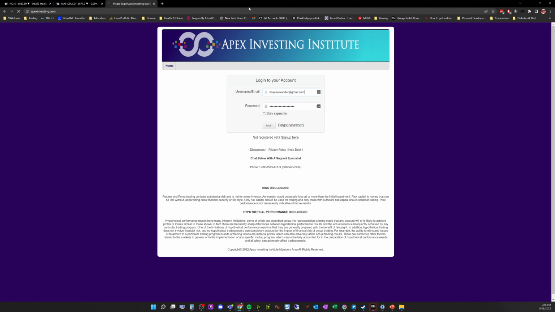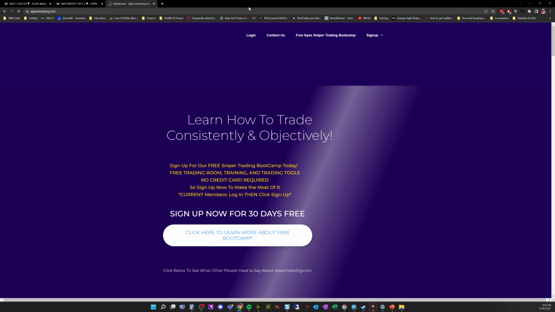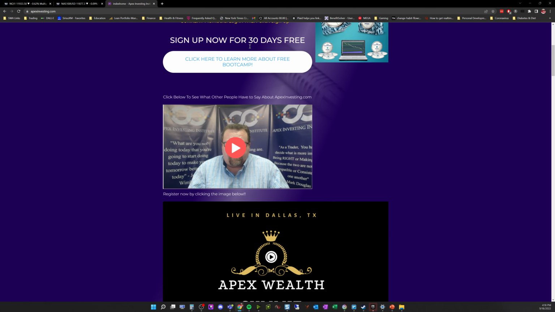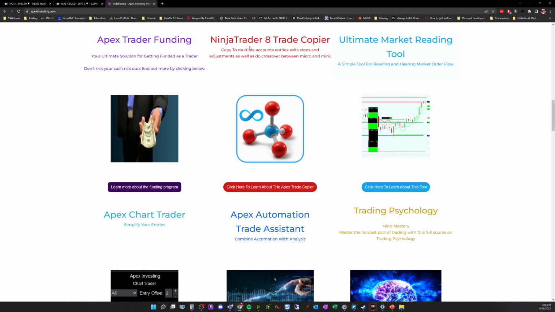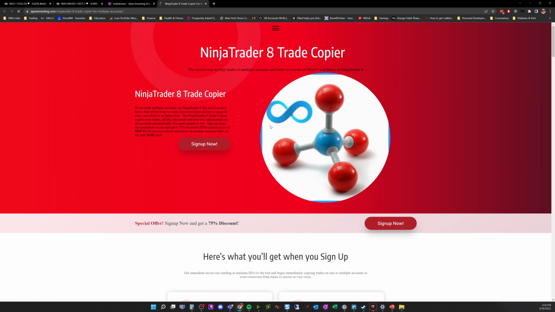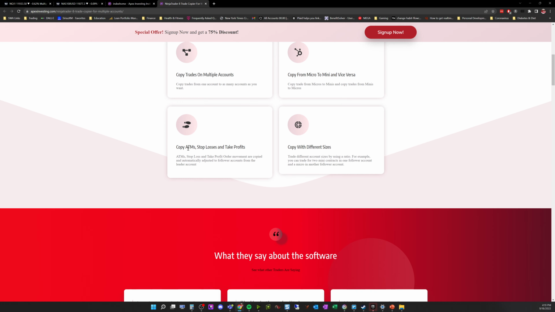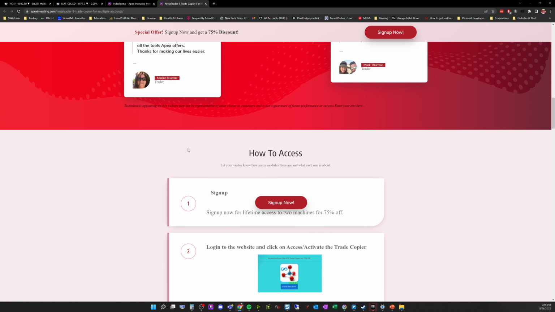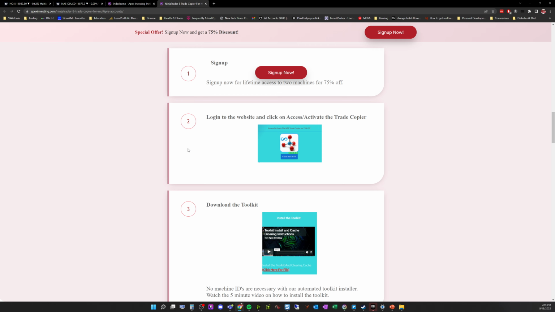You can get to it without having to log in. Let's see, okay, trade copier, right there. I was hoping we could use it in Quantower, but it looks like it's Ninja limited. It is. It's Ninja limited.